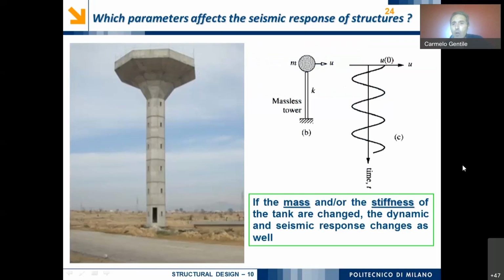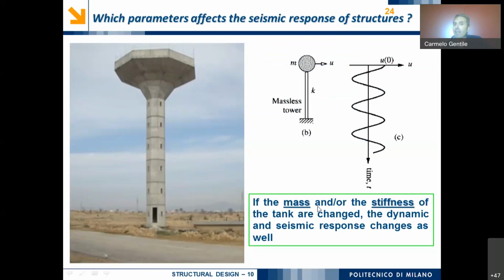We can basically conclude that if the mass and or the stiffness of this single degree of freedom system, which is a tank, a real tank with the mass basically concentrated in the upper part, changes, then the behavior of this building is very similar to that of a single degree of freedom system.